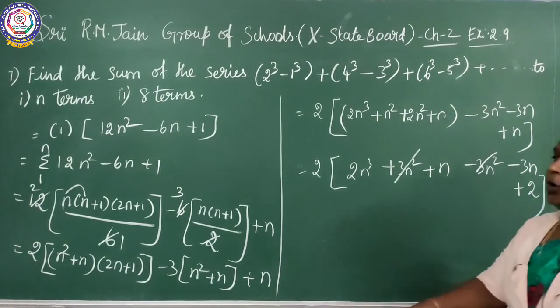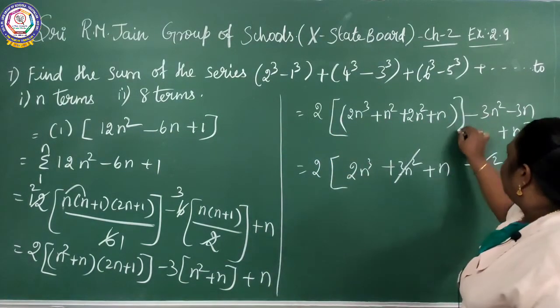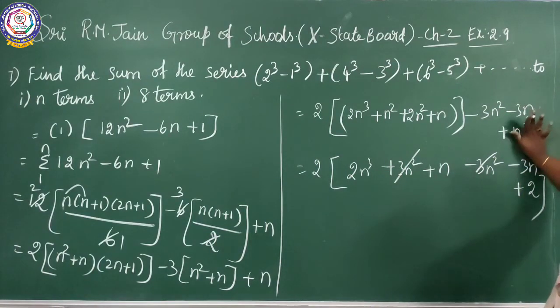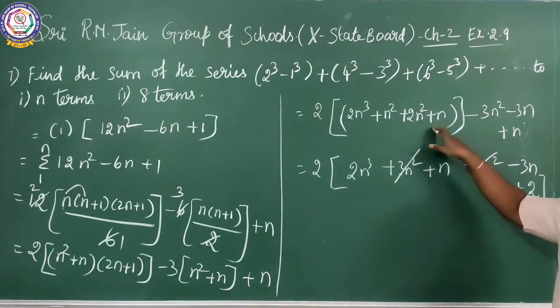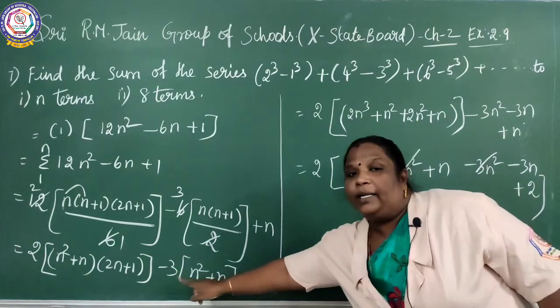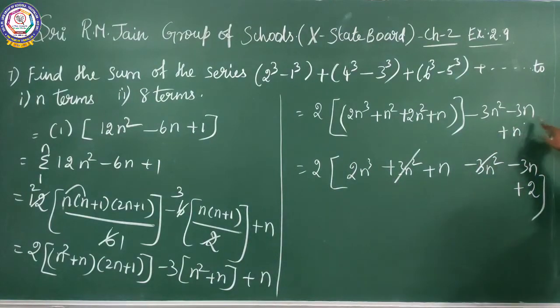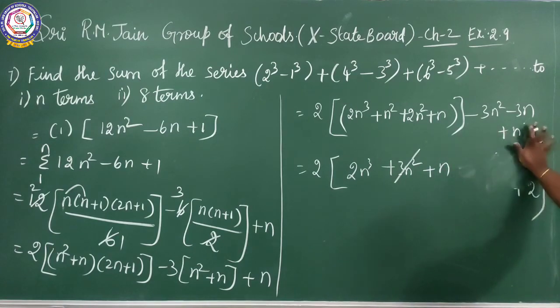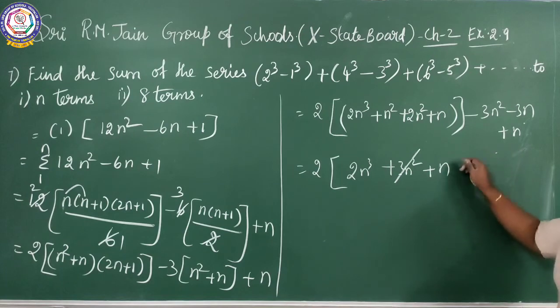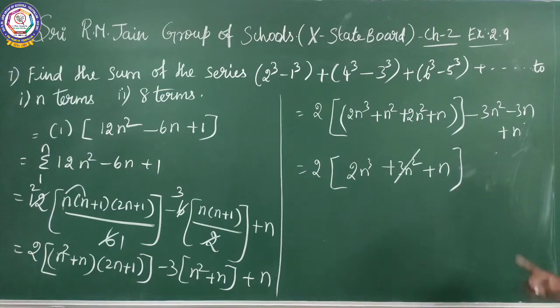See here 2 into, so you can put a bracket here. 2 into 2n cube plus 3n square plus n, minus 3n square minus 3n plus n.